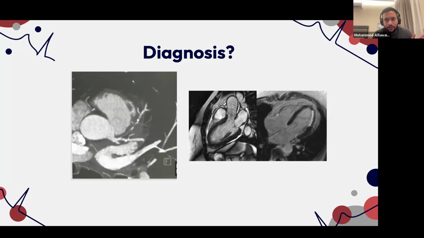MI, myocardial infarction. What is the modality of choice to visualize coronary arteries? CT angio. Excellent. That is high yield to remember. What is the modality of choice to visualize cardiac tissue?